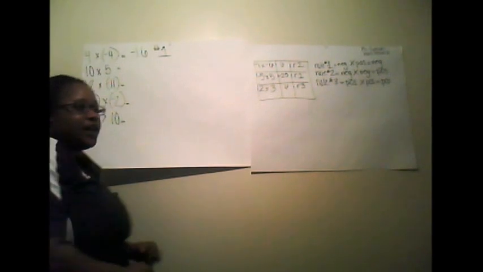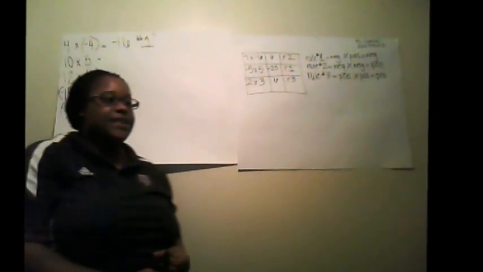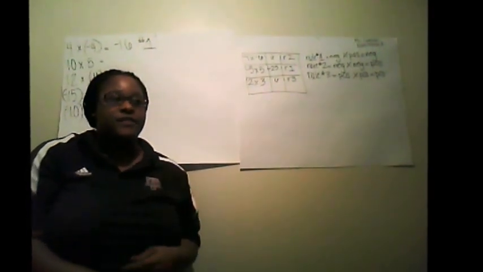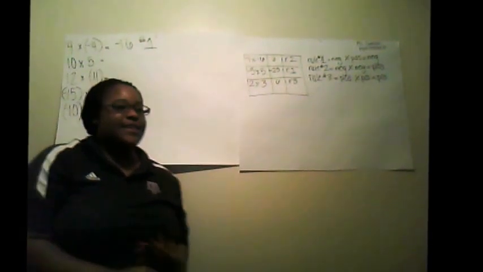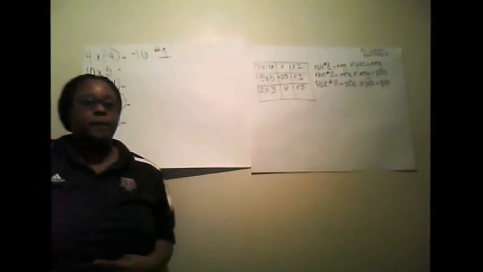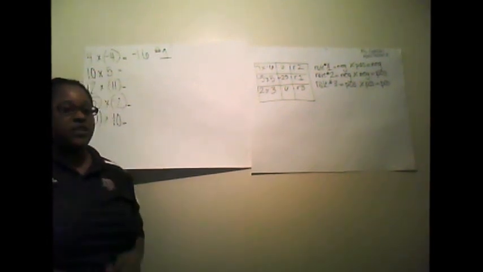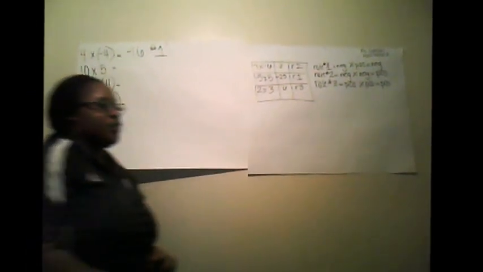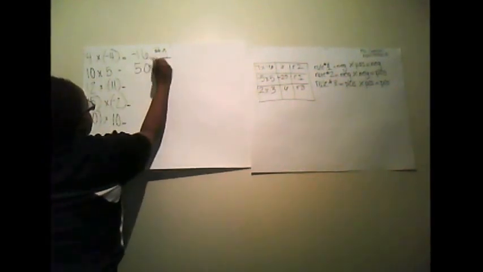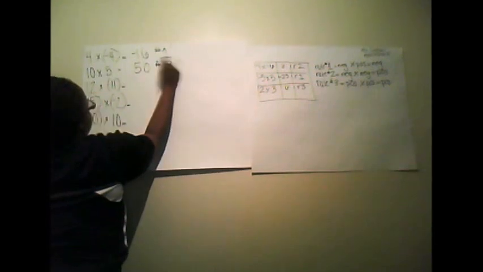Our second problem is 10 times 5. And what rule would this problem use? Good job. The answer is 50, and it does use rule number 3.